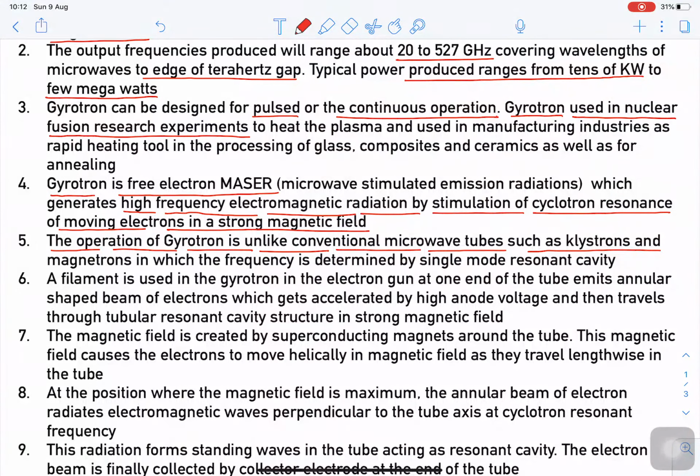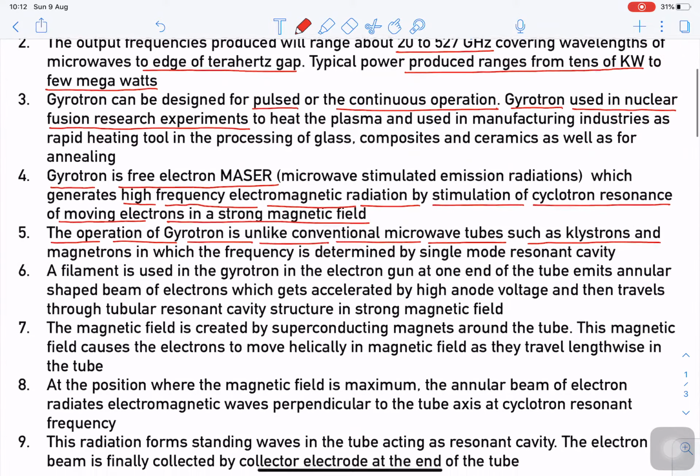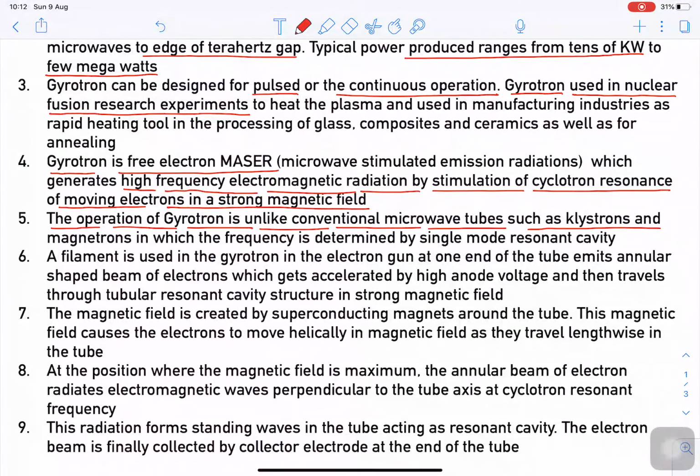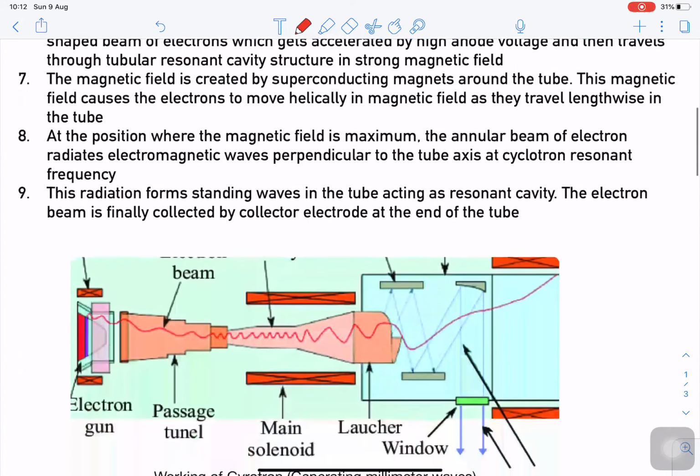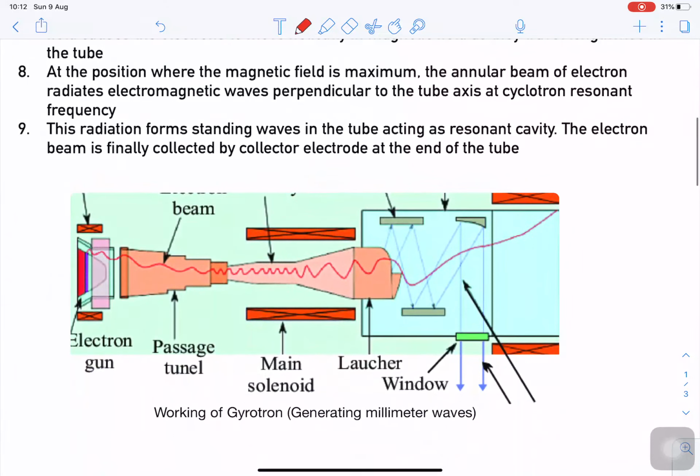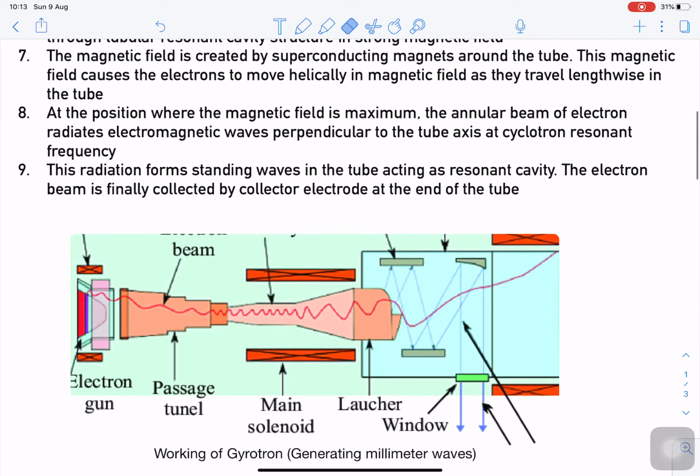Now here we are discussing the construction of a gyrotron. What does the gyrotron consist of? See here the diagram is shown. We have an electron gun on the left hand side, right? This electron gun is used to produce the continuous source of electrons.